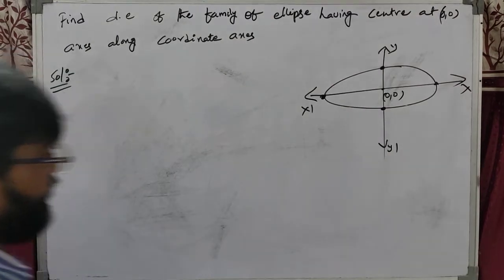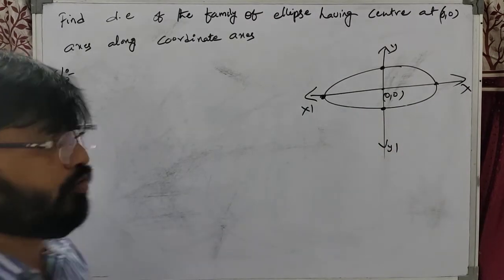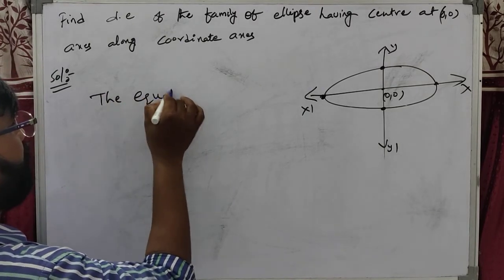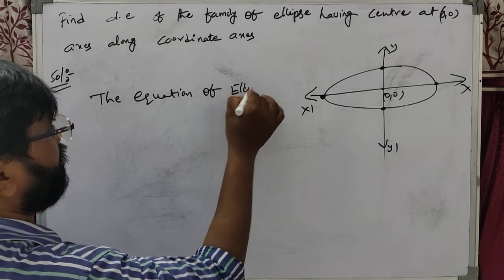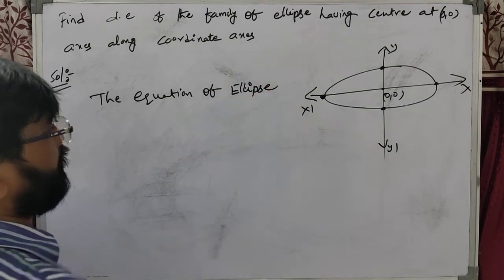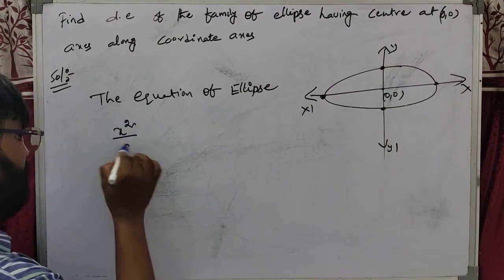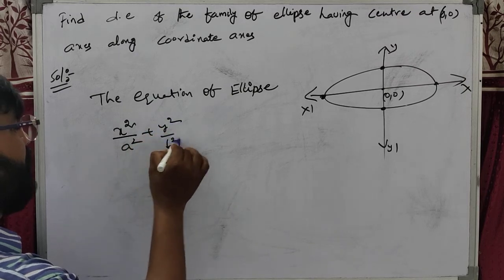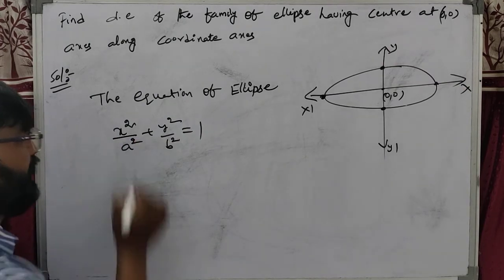We have to know that where the center is the origin and axes are along the coordinate axes, the equation of the ellipse with center at the origin is x square by a square plus y square by b square equal to 1. Now the arbitrary constants are a and b.